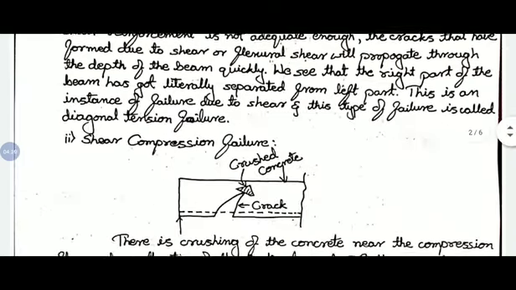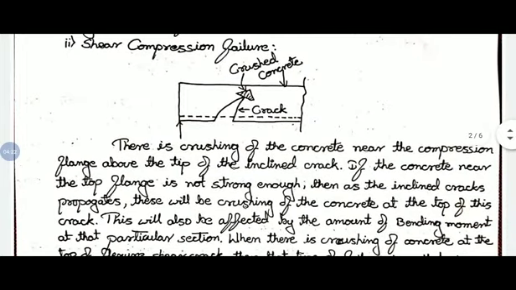Next type is shear compression failure. In this, the concrete near the compression flange above the tip of the inclined crack. That means the crack will penetrate from bottom to top along the depth of the beam.